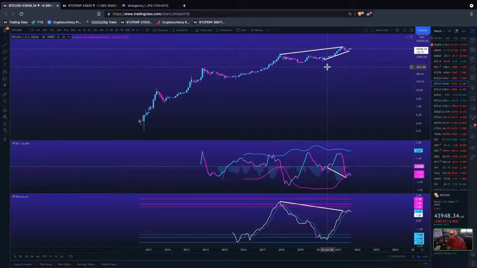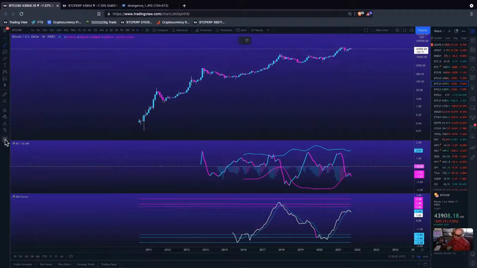Now we're having this late move back up to 53K, which was hidden bull divergence on the returns oscillator, telling you that there is a continuation of that uptrend from that low back there. But now we'll see how this monthly candle ends up. Here, we get rid of all those others.